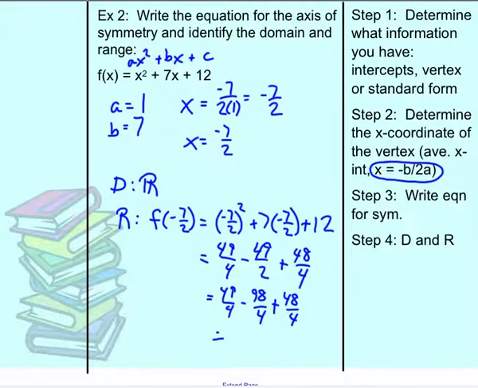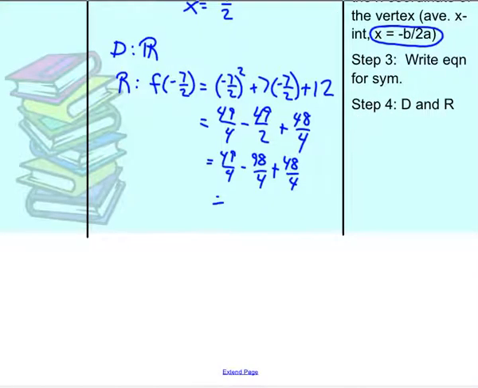So we get the 49 plus 48 gives us, let me double check my math, 97 fourths minus 98 fourths will give us negative 1 fourth. So that's the y-coordinate of our vertex.